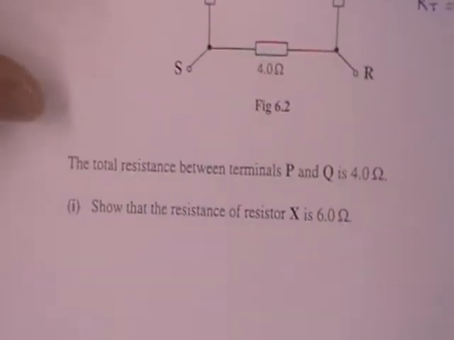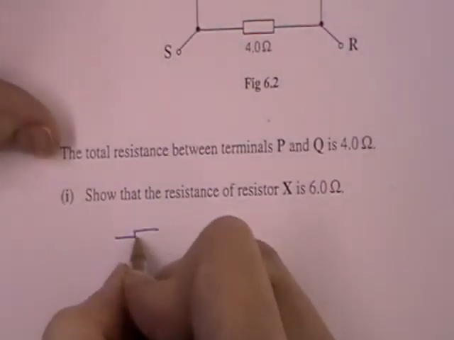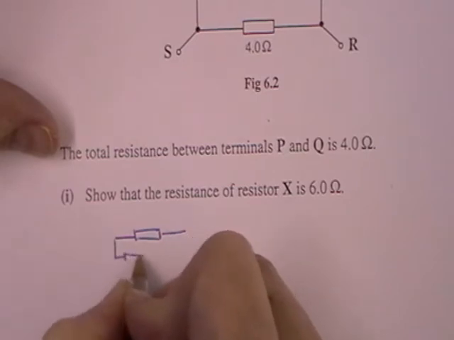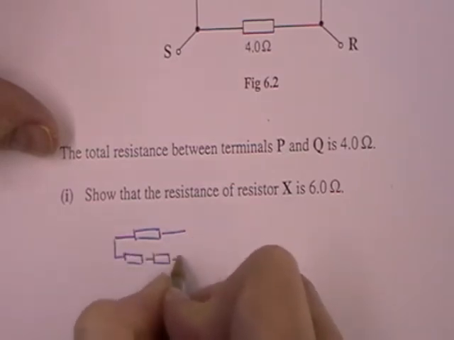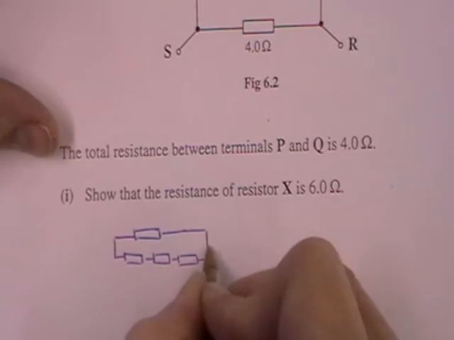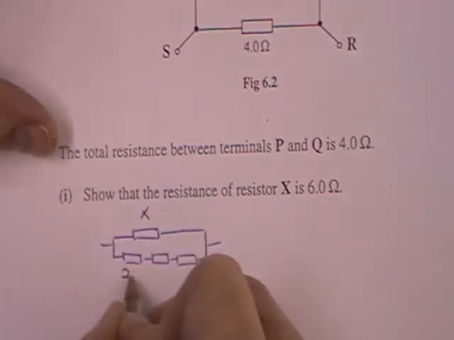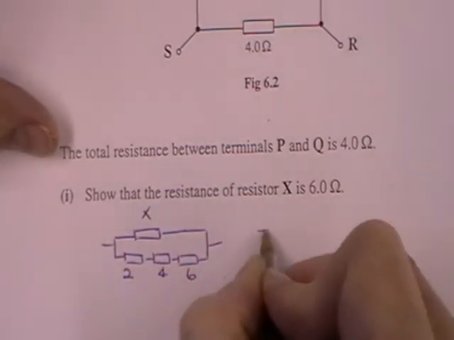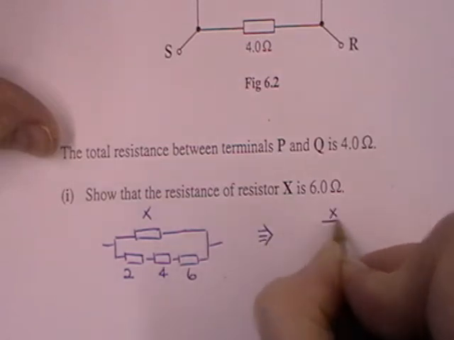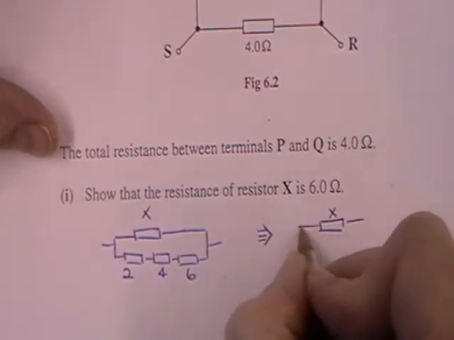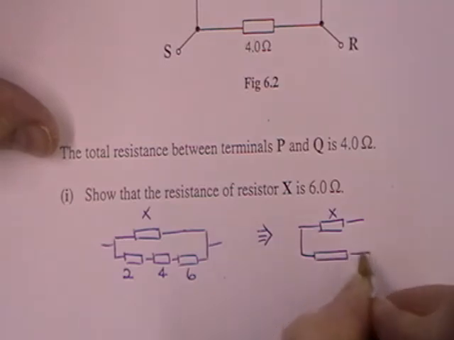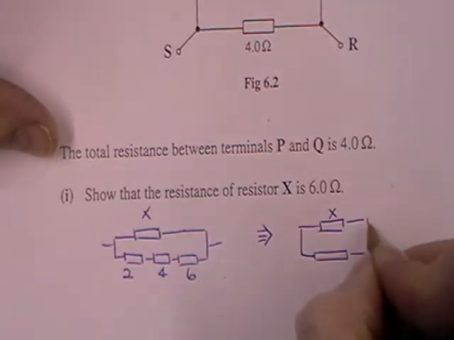So really what you have there is one single X resistor plus 3 in series with each other, and that's X, 2, 4 and 6. If you add those 3 up, 2 and 4 and 6 gives you 12.